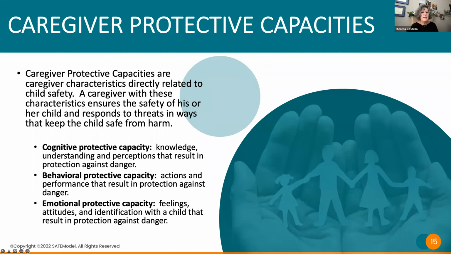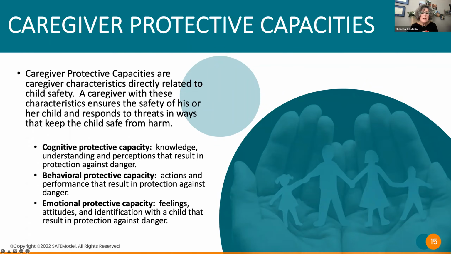We're going to talk a bit about protective factors later, but protective capacities are about the individual characteristics that a caregiver has that they use on a regular basis to keep their children safe. If you're a parent, if you've raised children, or you are raising children, or you've helped to raise somebody's children, you have demonstrated protective capacity that has kept a child safe. You have shown the knowledge and the understanding that's necessary to know what that child needs at whatever age they are.